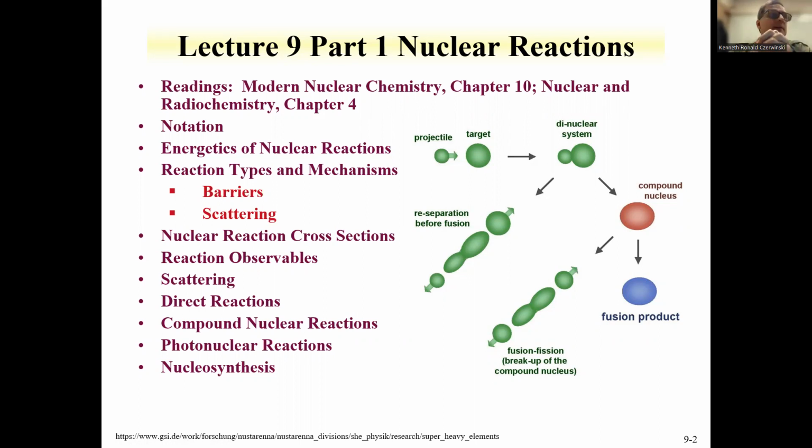Then I'll talk about some of the types of reactions, why cross sections can change so much, and some of the details of other reactions, and then really go into nucleosynthesis, because nucleosynthesis is how all these reactions can be applied for understanding how elements are made in stellar processes, which, as a chemist, I think it's kind of cool to know where all the elements come from.